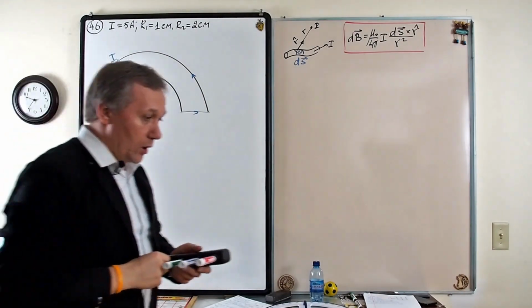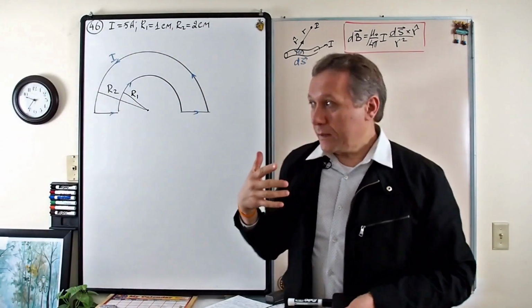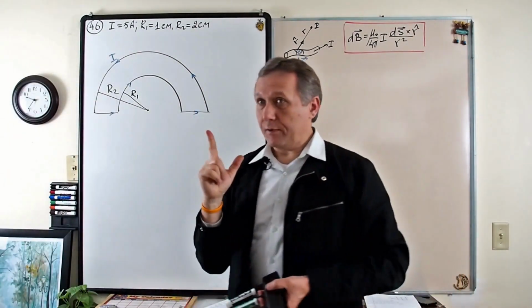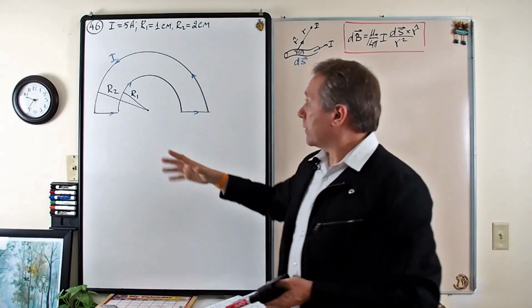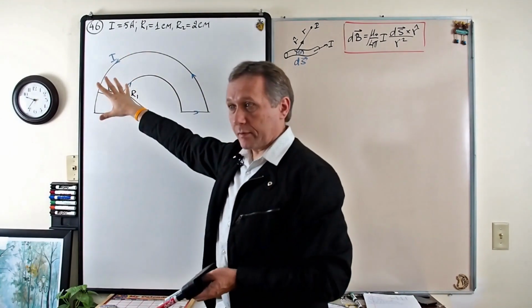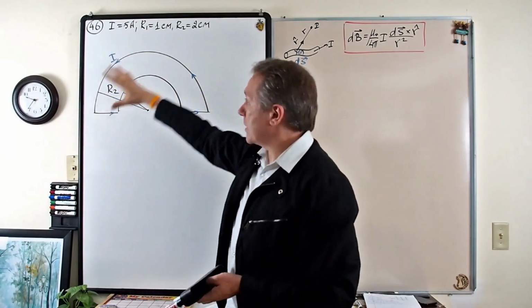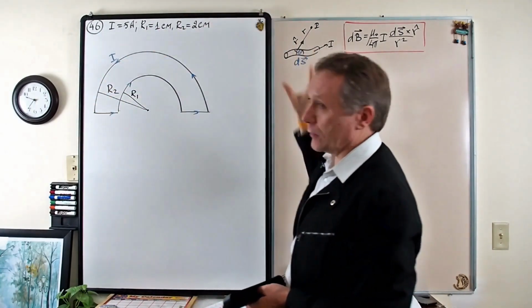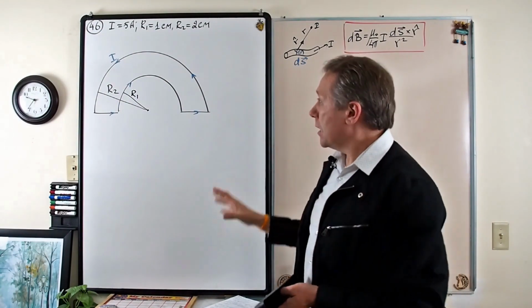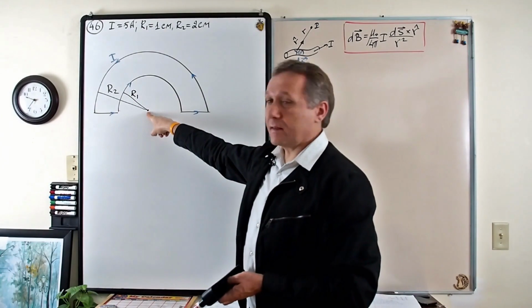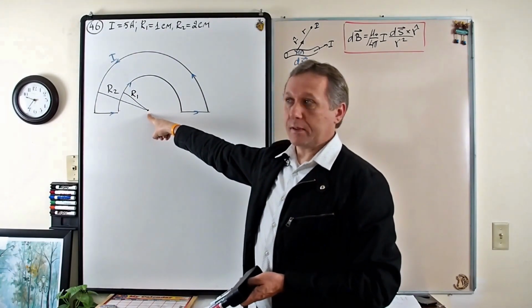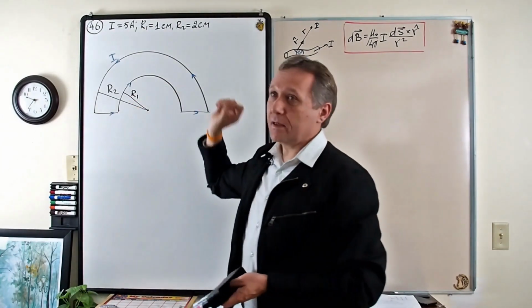Okay, so what do we have to find? The magnetic field at a particular point. Of course, the physics is quite simple. We have a wire with current. If there is a current, there must be a magnetic field. The whole space will be filled with a magnetic field. But we're going to find the magnetic field at the center, over here, at the center of both of these semicircles.